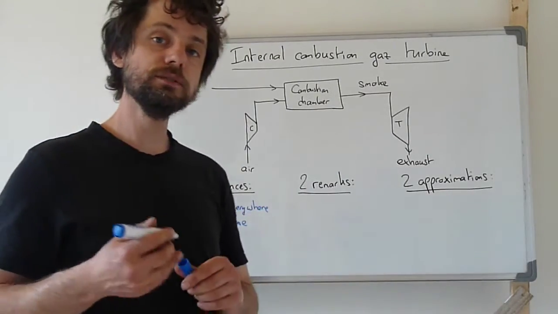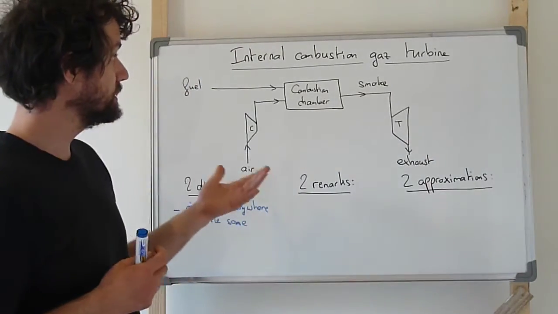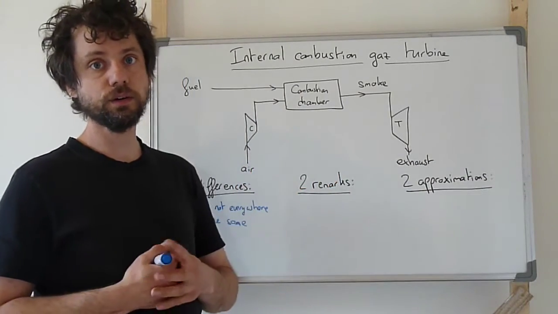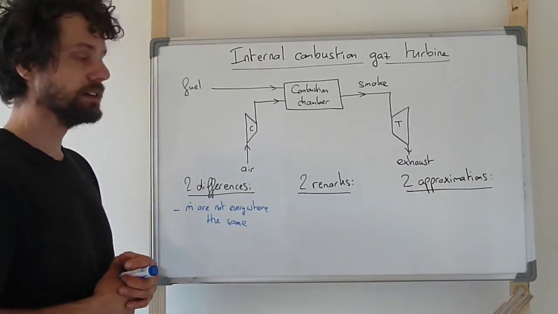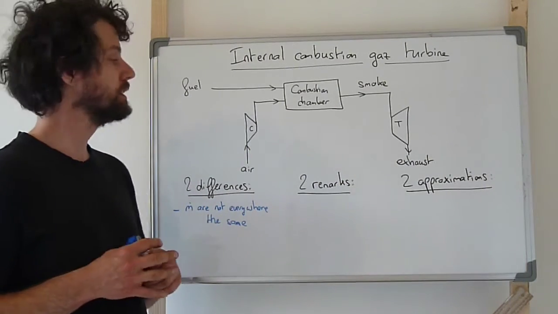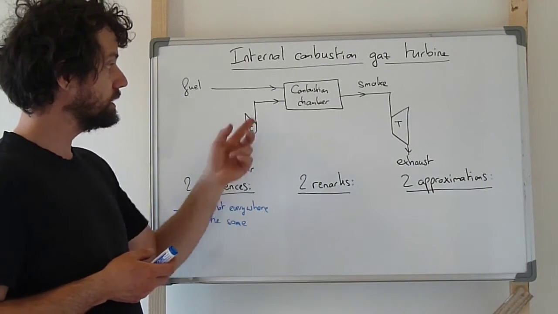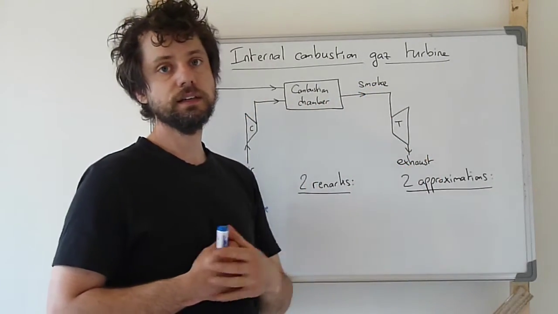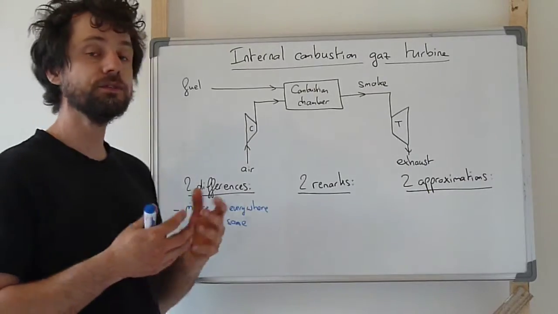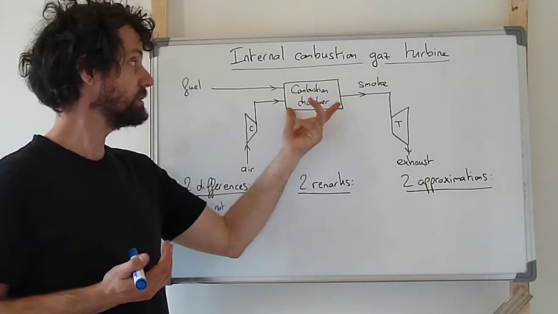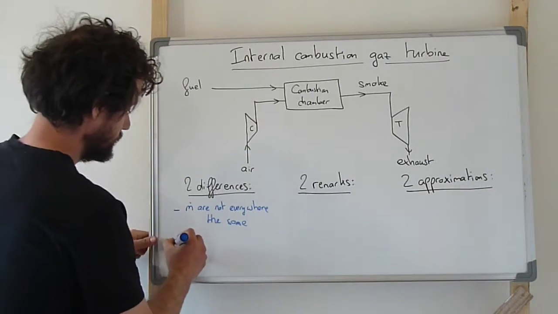Second big difference we have between this internal combustion cycle and the closed cycle is that the nature of the fluid is changing. Here the air is compressed, but then it's the smoke that is expanded, and the smoke has a different chemical nature due to the chemical reaction that took place in the combustion chamber.